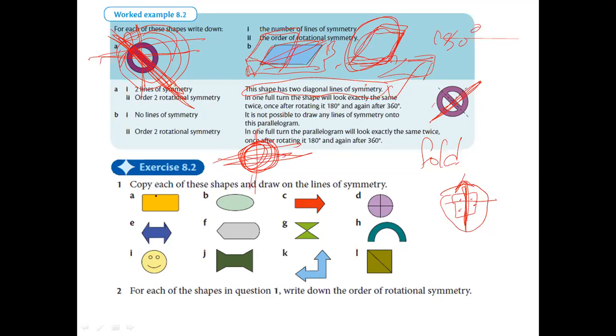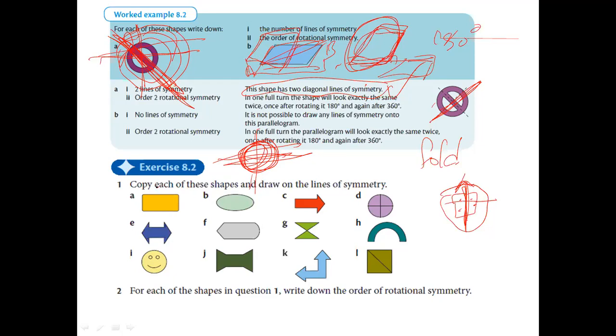So in the first one, what kind of shape is it? It is a rectangle. A rectangle means all sides are not equal, but two sides are equal to each other. In a rectangle, how many lines of symmetry?